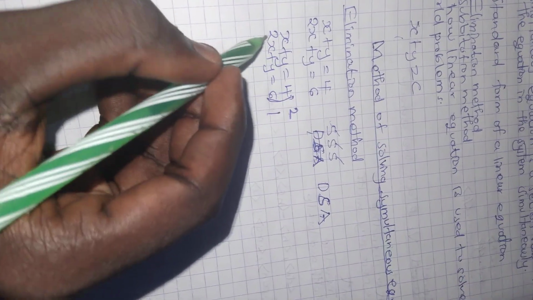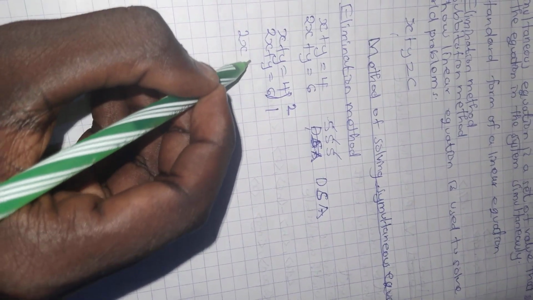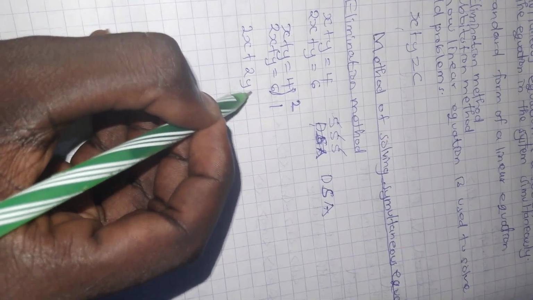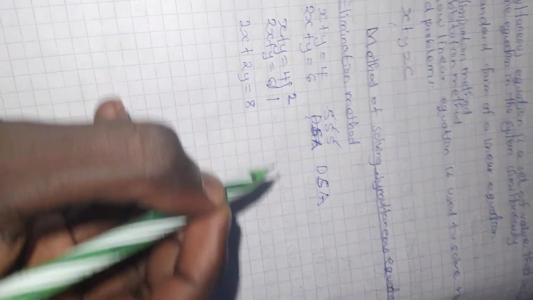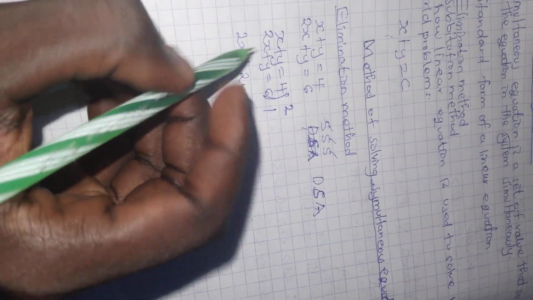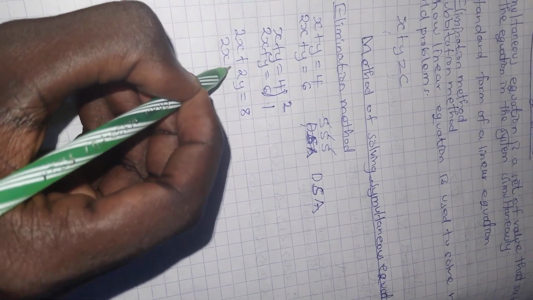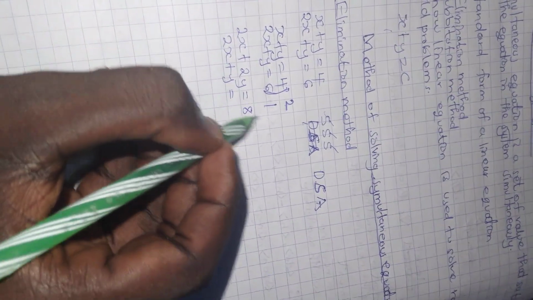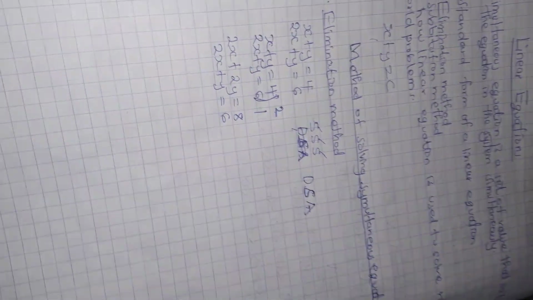2 times x will be 2x plus 2y is equal to 8. And the following row, 1 times 2x will be 2x plus y is equal to 6.